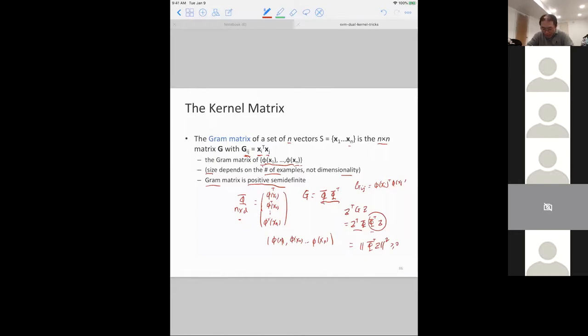What is each element of G if you use a kernel function k? K of x_i and x_j. Yes, k of x_i and x_j, right?